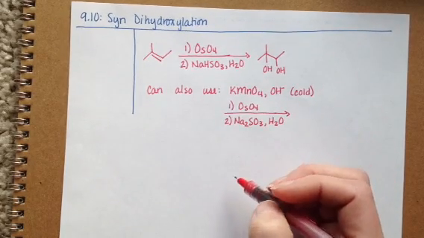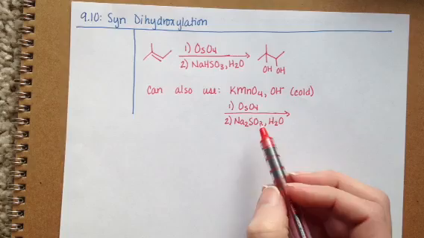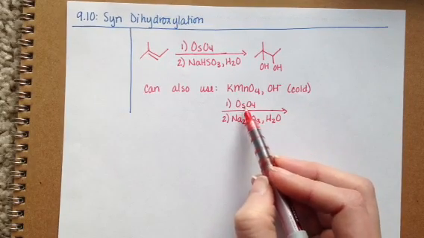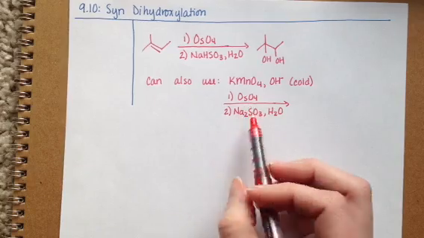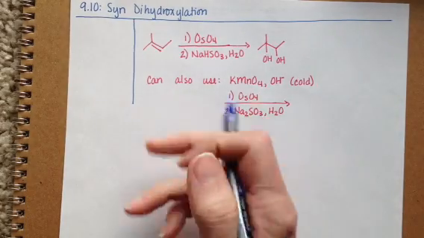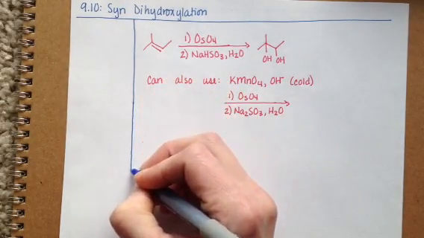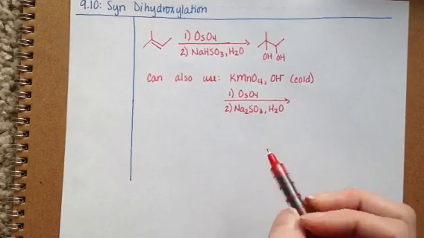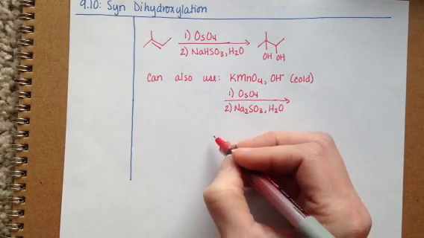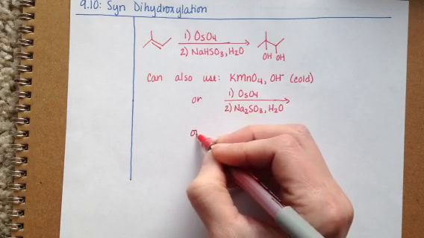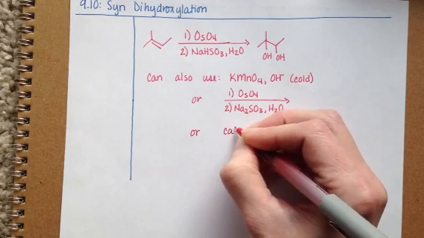And then also recently, and much less commonly, people have come up with a way to use catalytic quantities of the osmium tetraoxide. That means just very, very small amounts, which gets around the fact that it's really expensive and to some extent hazardous as well.